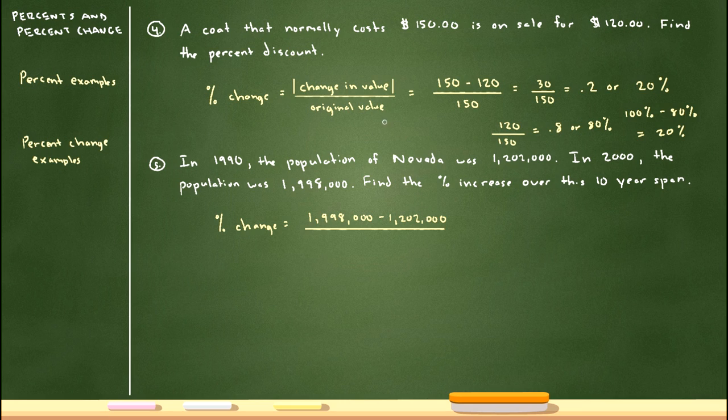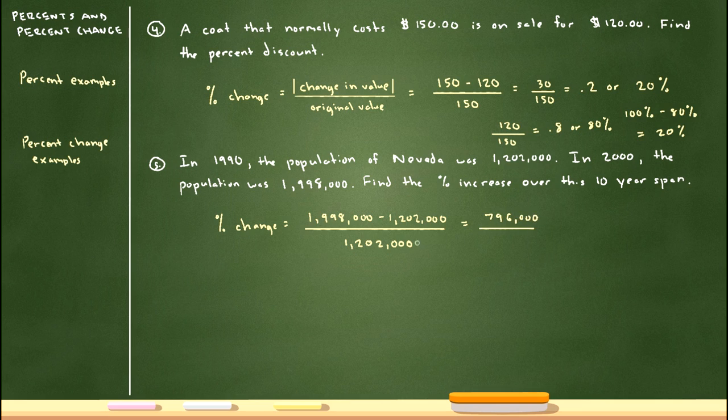I mean, if you're not sure which one it is, you may want to test both and check your answer against the reality of the situation here, like we did in this money problem here. So we want to divide it by the original value, which is 1,202,000. Okay. And we're going to get, so this number minus this number is 796,000.